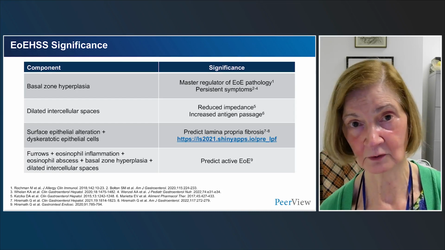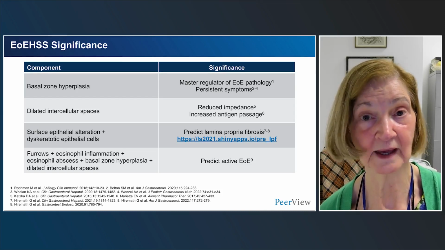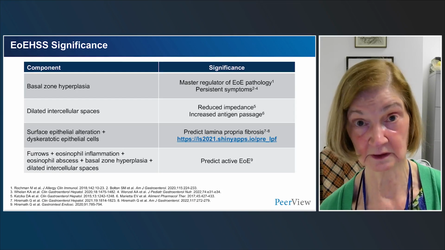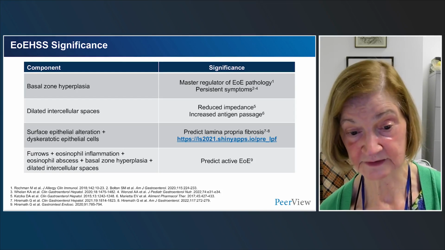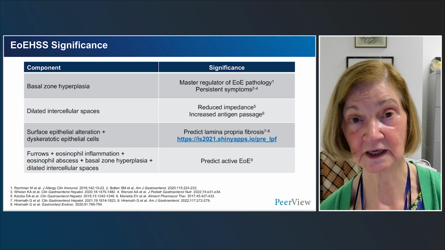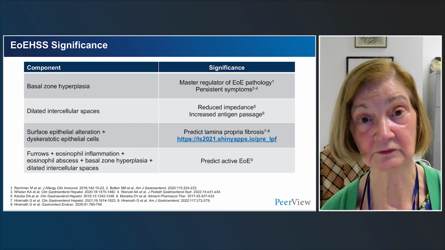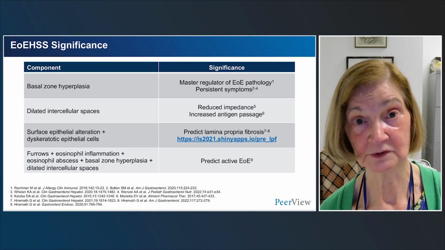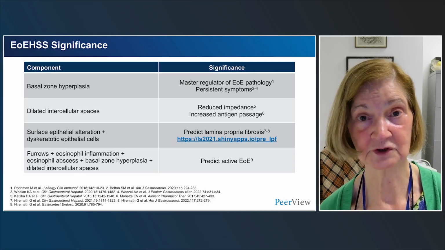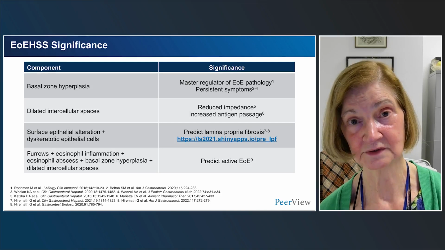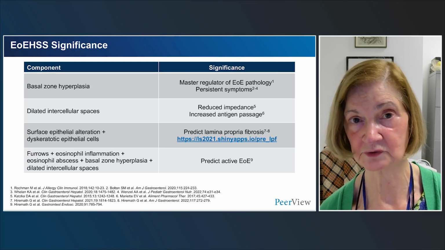In other words, they allow molecules that normally don't pass over the esophageal epithelium to get into it, as discovered in this study in which gliadin, a component of gluten, was found in the epithelium of esophageal biopsies that have dilated intercellular spaces compared to those that do not.